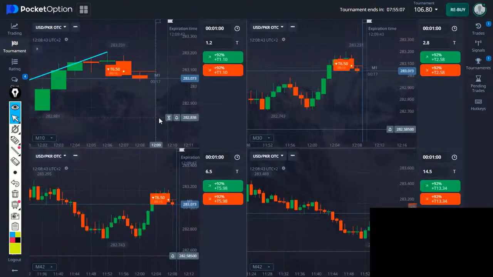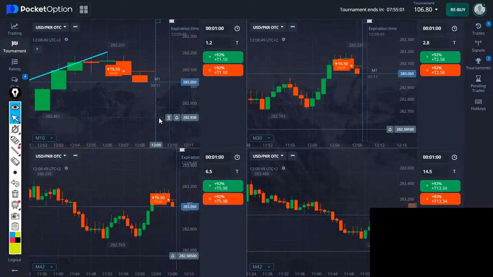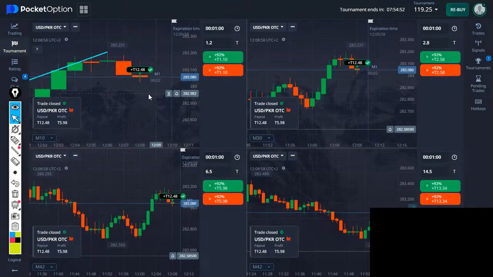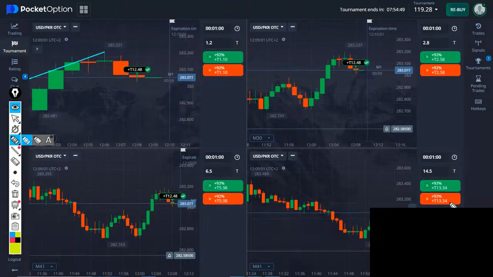I think we're gonna win this trade. Beautiful drop. Keep going. Come on, come on. Very nice. All right, guys, look at this.